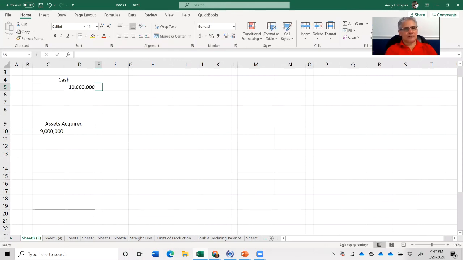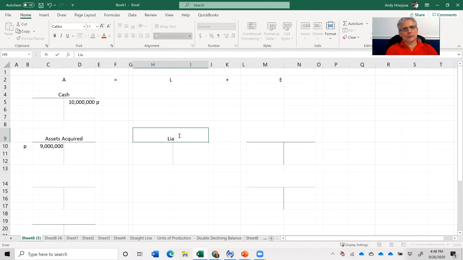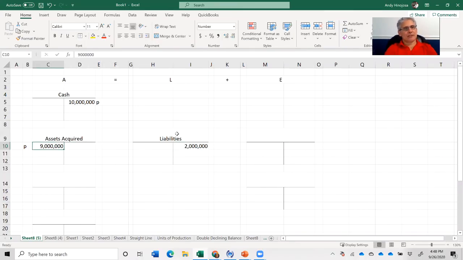So let's call this P for purchase. We're going to recognize liabilities, these were loans, that we took on by the nature of the purchase of $2 million. So $9 million of assets acquired, $2 million of liabilities that were also acquired. The net is $7 million.